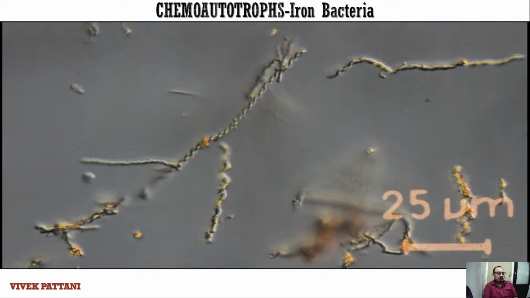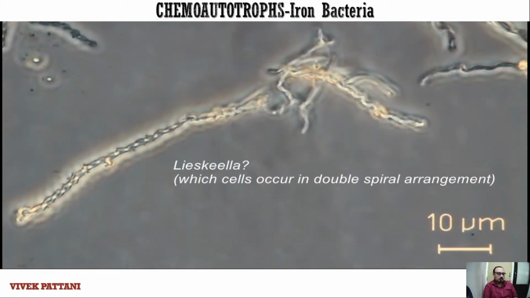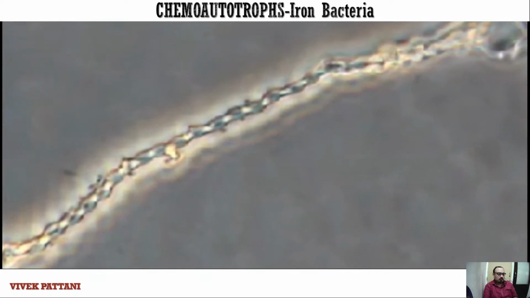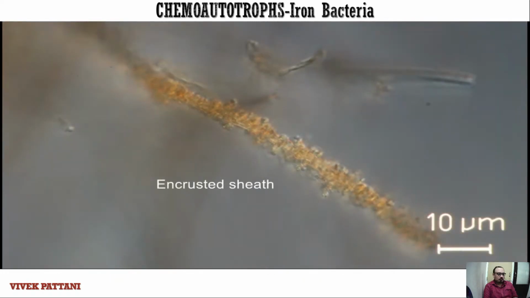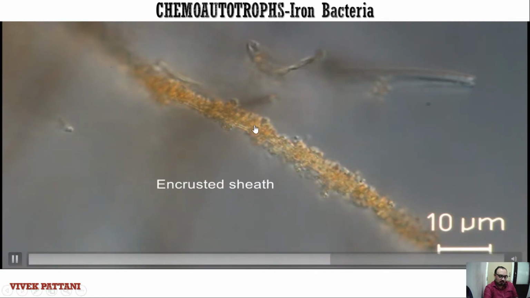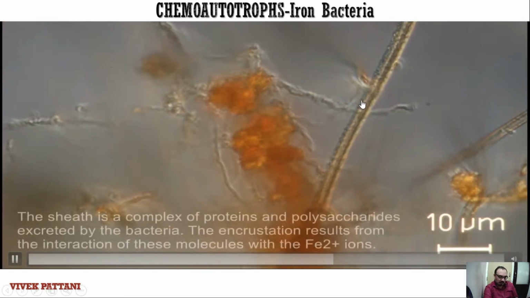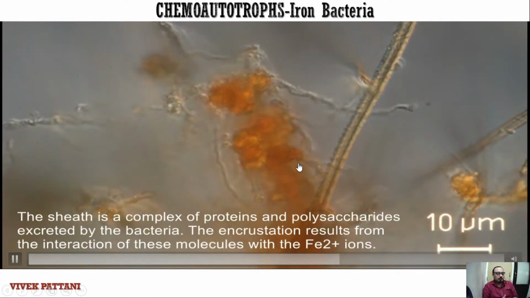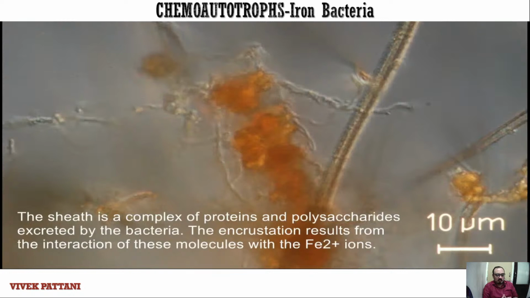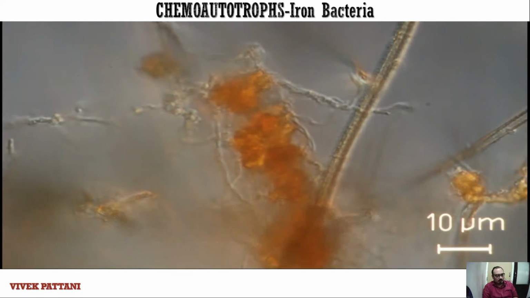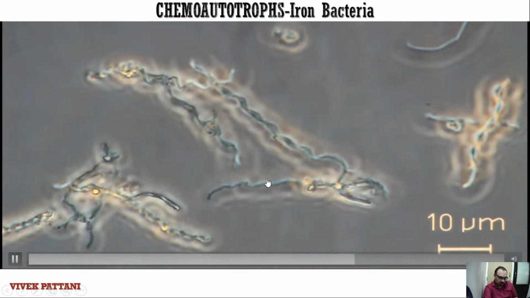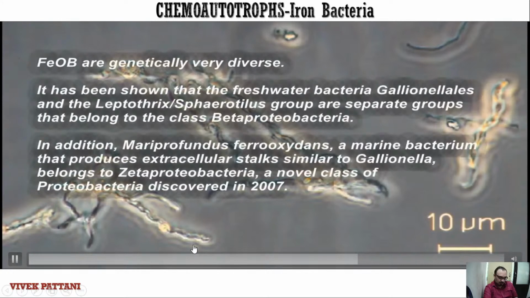You can clearly identify this one. A sheath, you can clearly see the sheath which is present around the bacteria. And what is a sheath? It is a complex made up of proteins and polysaccharides which are excreted by the bacteria. Now twisted stalks, see the stalks here, twisted ones.